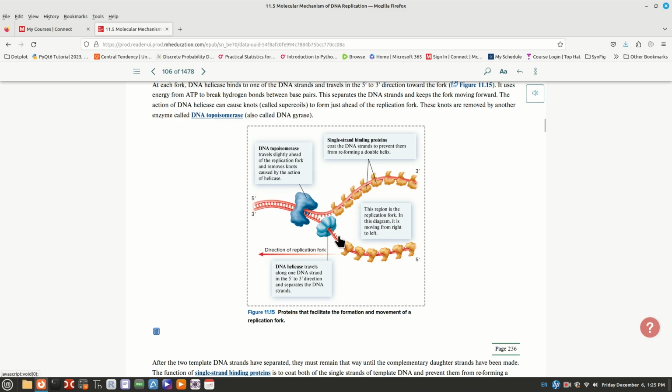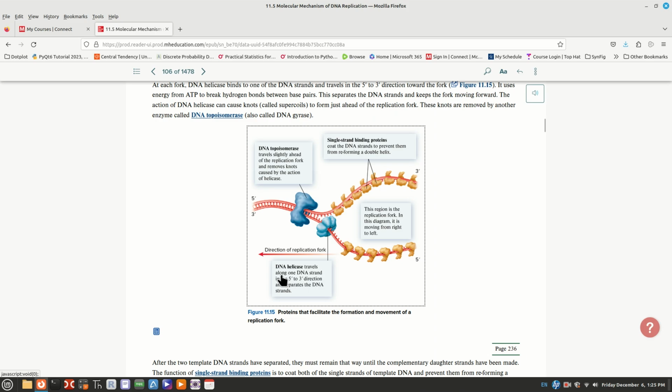Step 2 is that there's another protein called helicase, and helicase is the one that unzips the DNA. Now, the question is, which way is it unzipped?